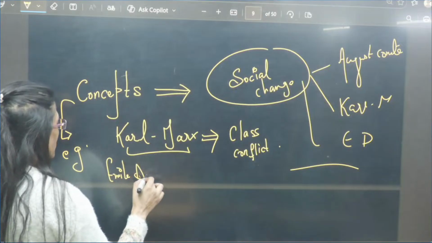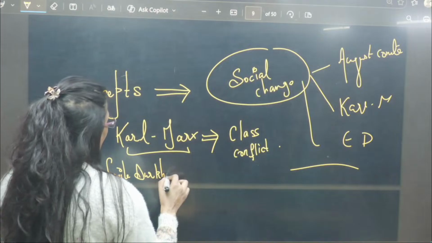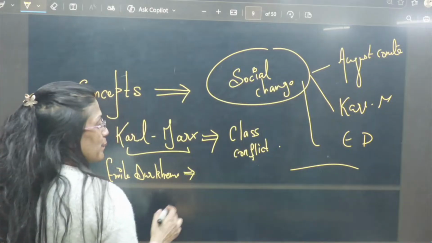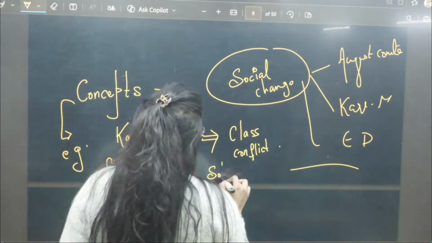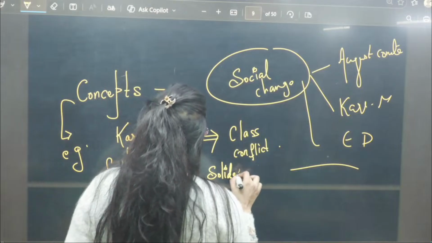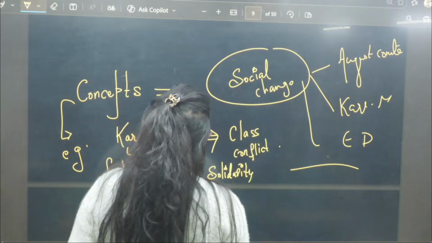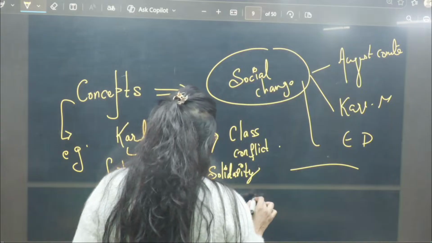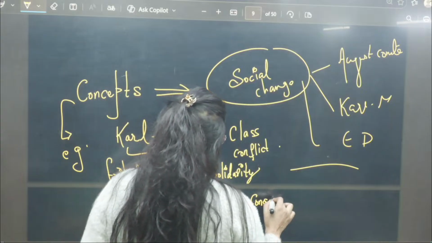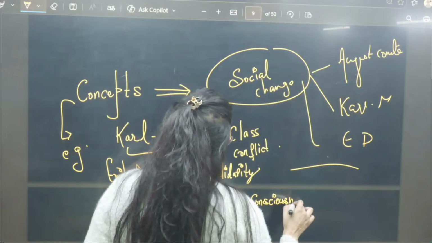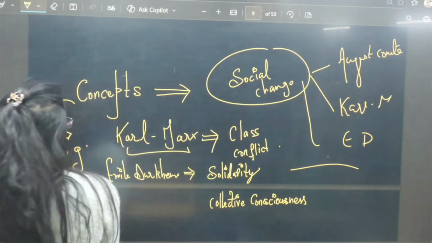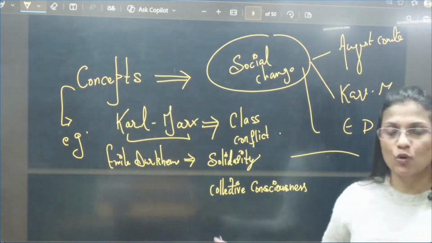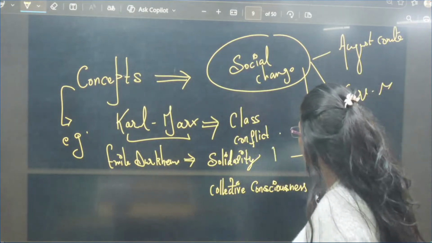As for Emile Durkheim, solidarity is a concept, collective consciousness is a concept, and these two concepts are key.